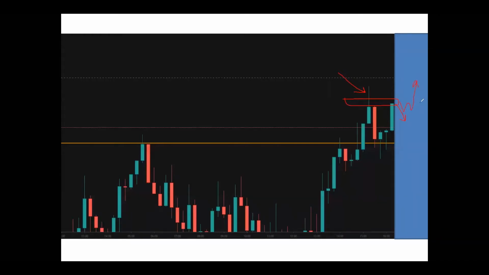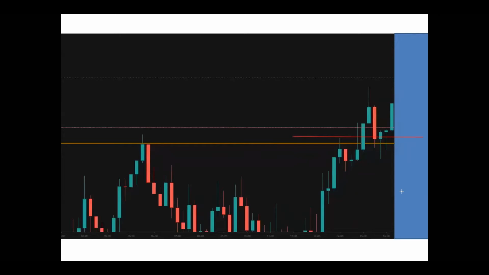We don't know what's going to happen because this is now acting as a resistance. So it's always a good idea to place stops at break even, because once you place your stop loss at break even, you have a risk-free trade, right? Because imagine this. Now, all a trade is that you're placing a straight line on a chart, and then price is either moving above it or it's moving below it, right?